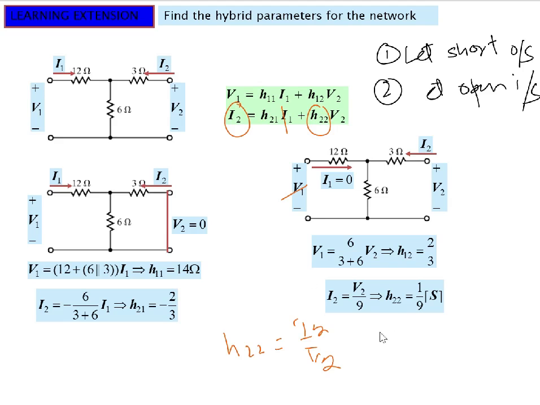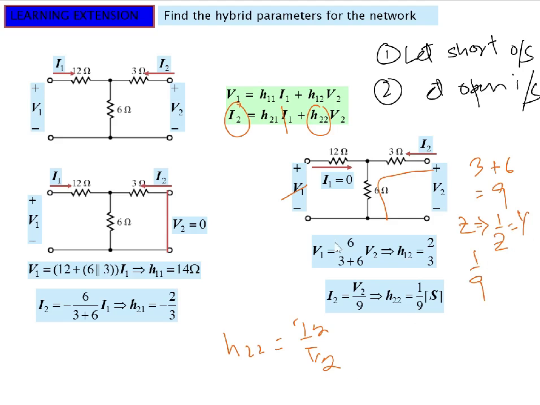How will we do that? The output impedance is here, 3 plus 6, which is 9. So this is the Z of the output. If we invert this to 1 over Z, that becomes Y. So 1 over 9 is that.